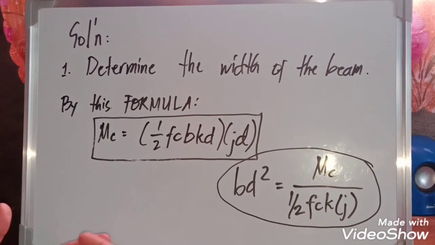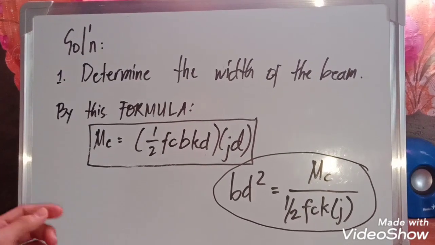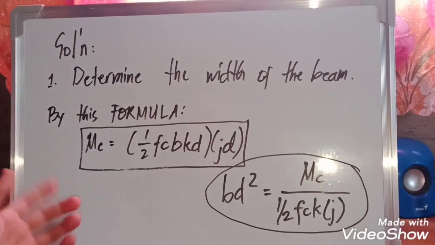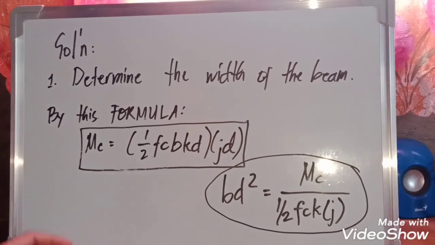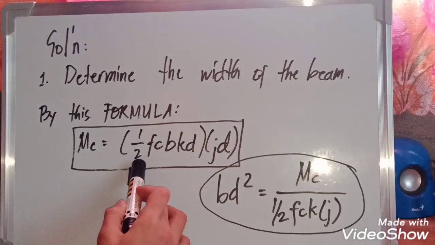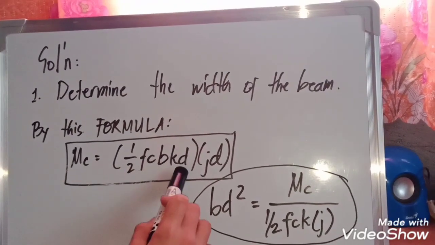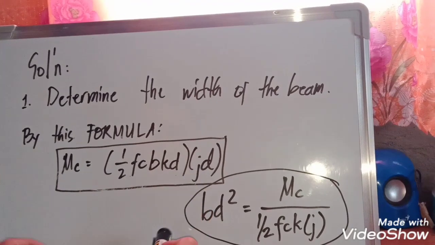In order to begin our solution, we can use the formula of the bending moment, which is also given in our problem. The formula of the bending moment is equal to 1/2 times fc times b times kd times jd.